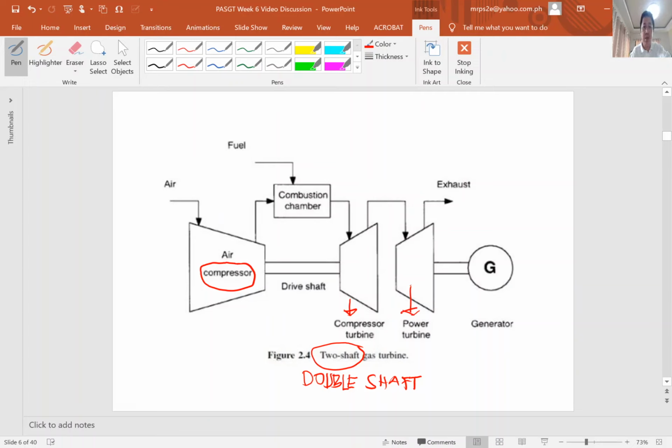So in the double shaft turbine, as you can see here, the drive shaft is only connected from the air compressor to the compressor turbine. So this is the first shaft.